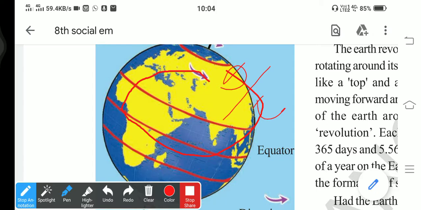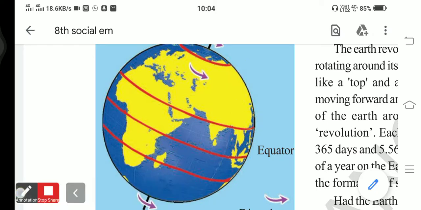And the third is the tilt of the axis of the earth's rotation. So what is meant by the tilt of the axis?